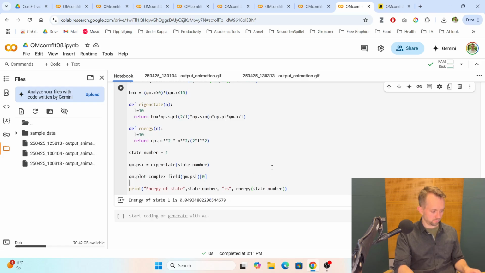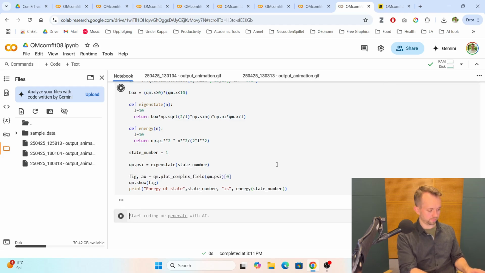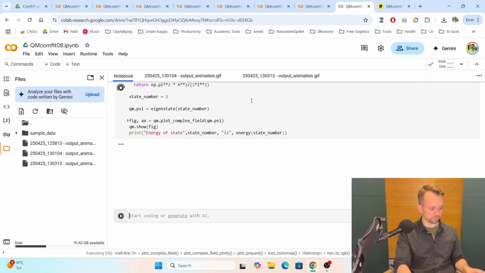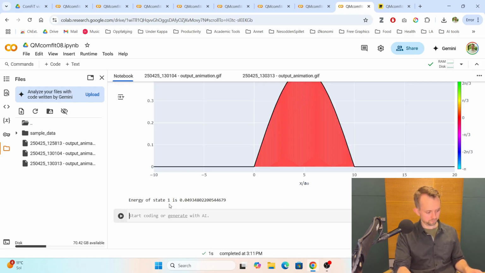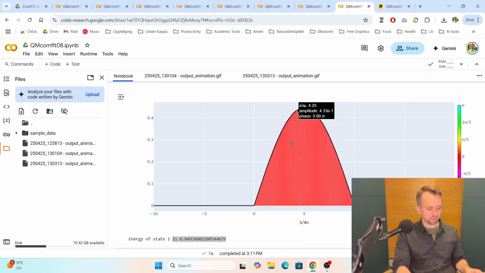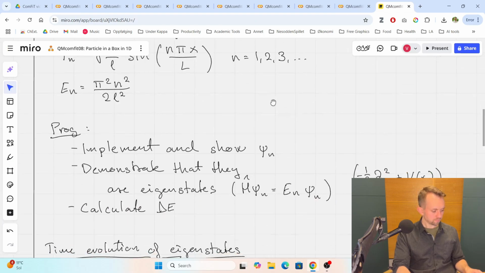And we can also show the figure by writing qm.show_fig. In that case, I need to add fig, ax to this. Then we can see the result as well. Right. So that's how to visualize them.